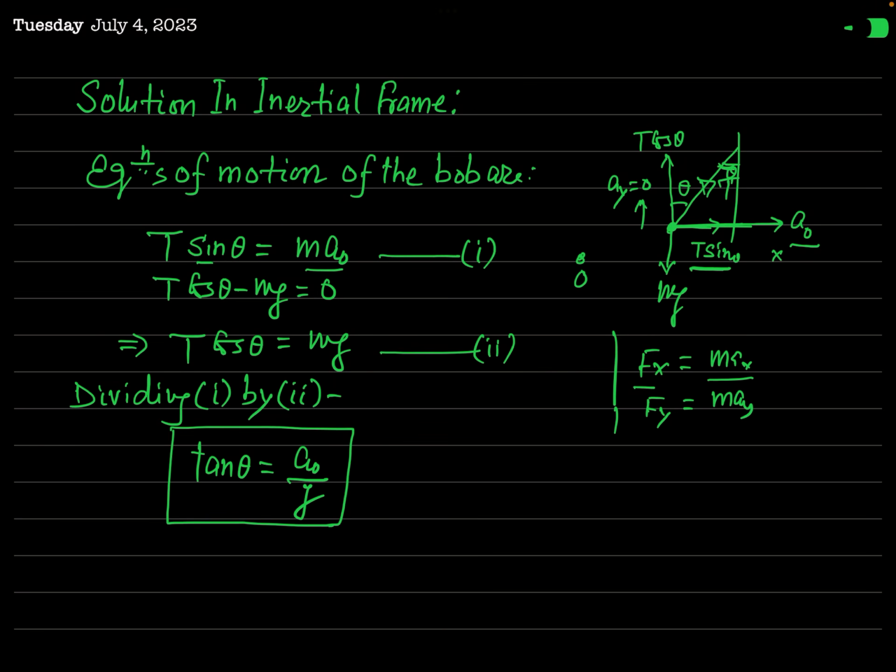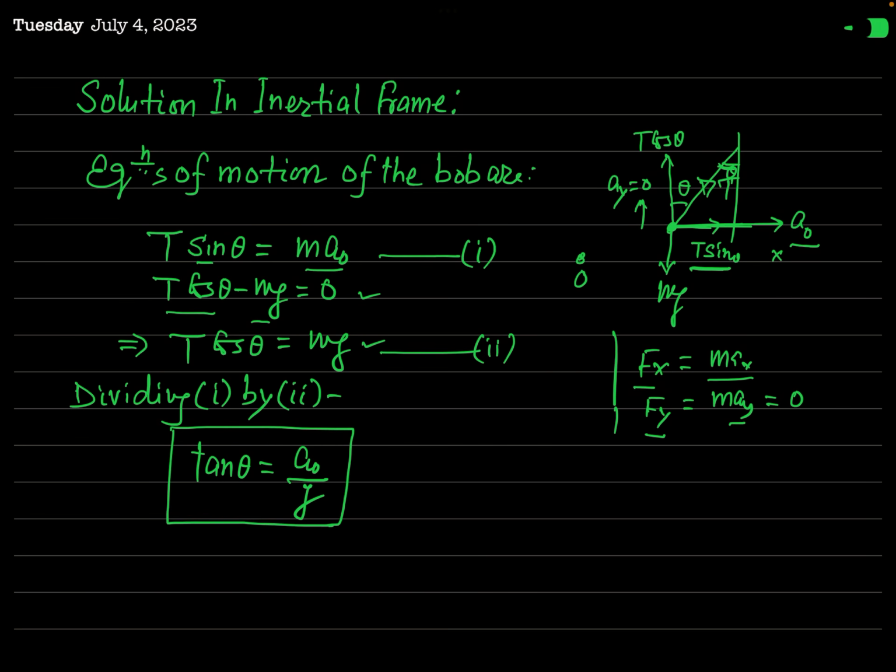Since T cos theta is in upward direction, mg is in downward direction, so this Fy will be equal to T cos theta minus mg, and that will be may, but ay is equal to 0. So T cos theta minus mg equal to 0, and so T cos theta will be equal to mg.